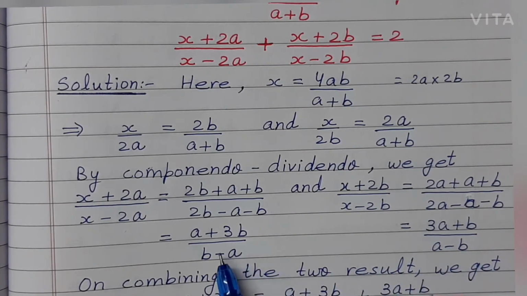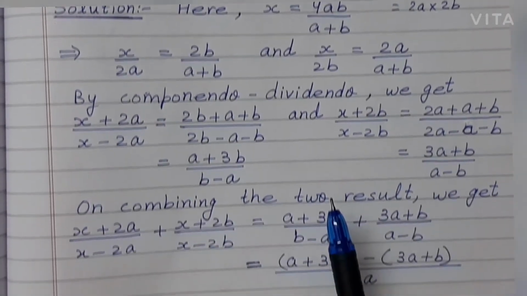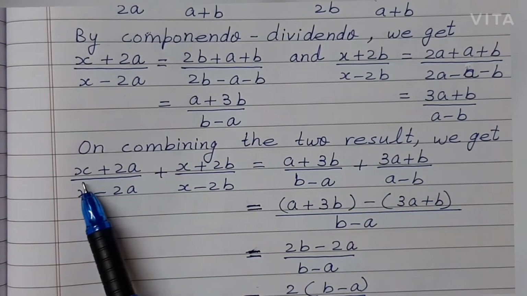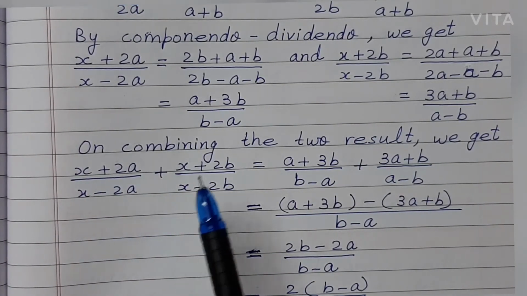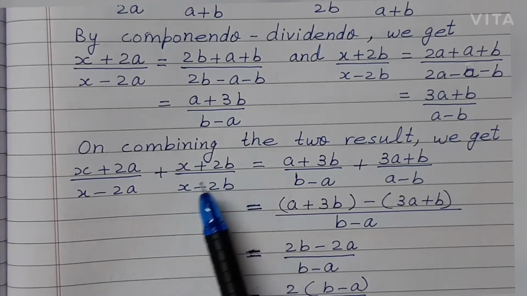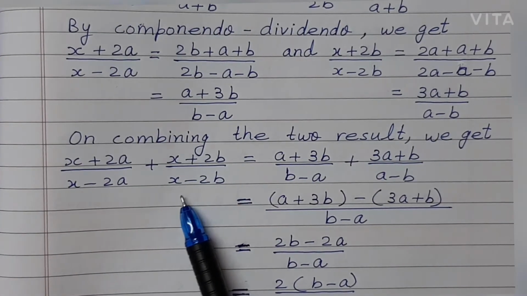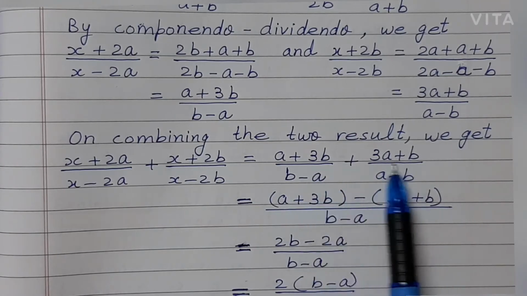Now, on combining these two results, what we will get here? See, now (x plus 2a) upon (x minus 2a) plus (x plus 2b) upon (x minus 2b). Now we are going to add the two results on both sides, right?